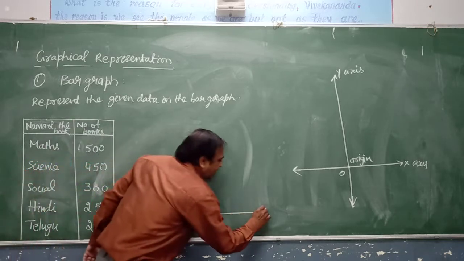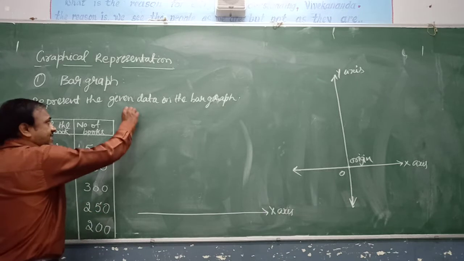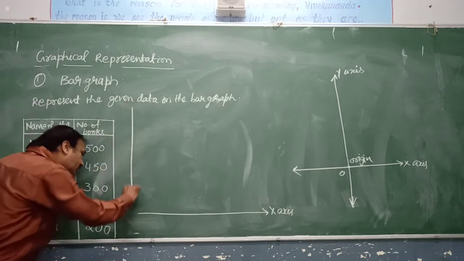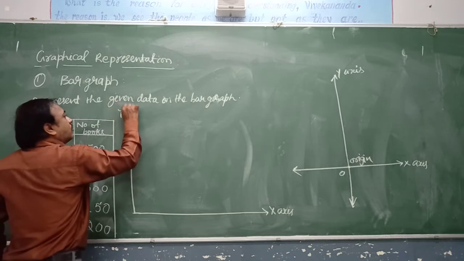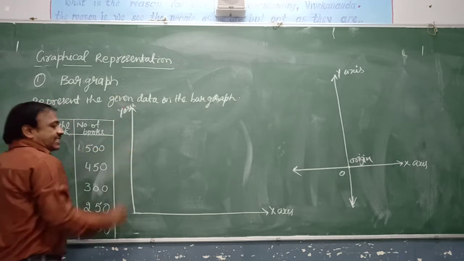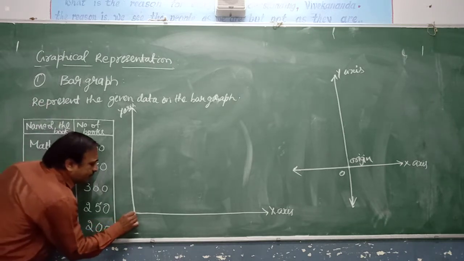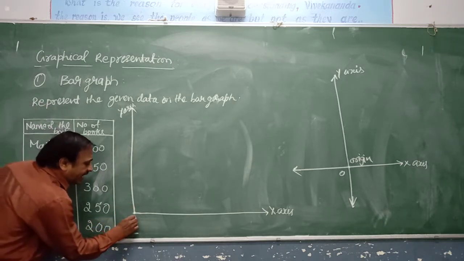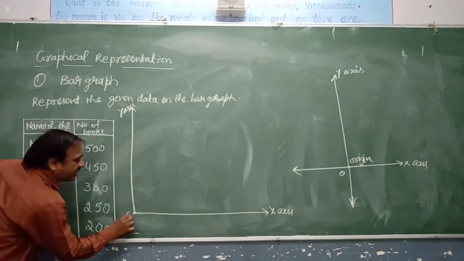This is the horizontal line which we call the x-axis, and this is a vertical line. This is the y-axis. Observe it, x-axis and y-axis. Where these two lines meet, this point we call the origin, and while representing the numbers on the y-axis we start from here, 0.